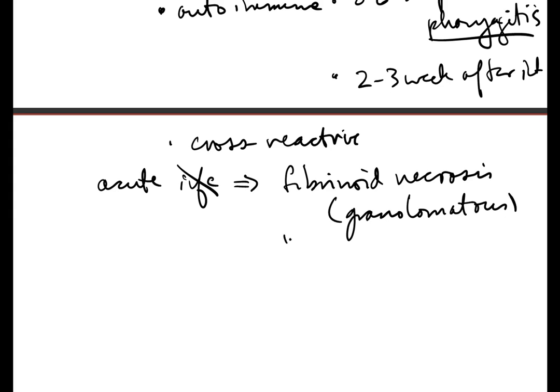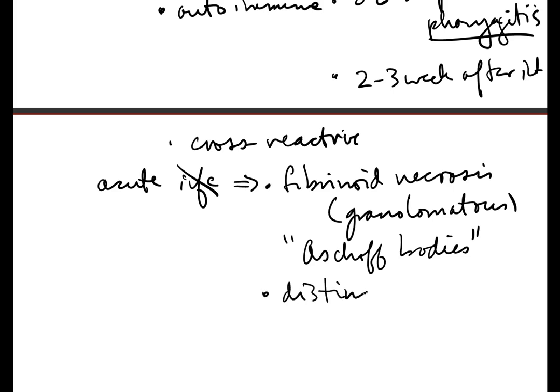And these areas of fibrinoid necrosis are so-called Aschoff bodies. And within these Aschoff bodies, there is a distinctive macrophage. Obviously, I've never seen one because there are no cases of rheumatic fever in America. And this is called the Anitschkow cell.